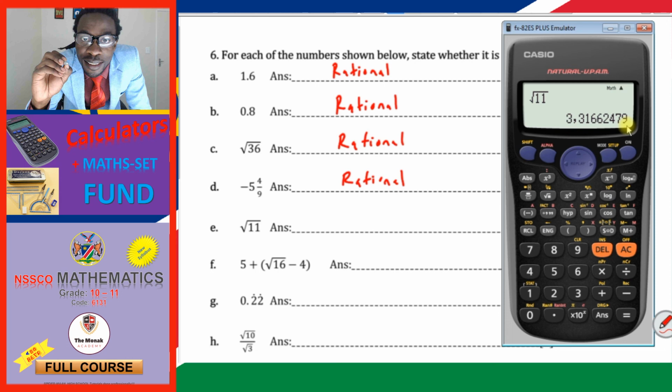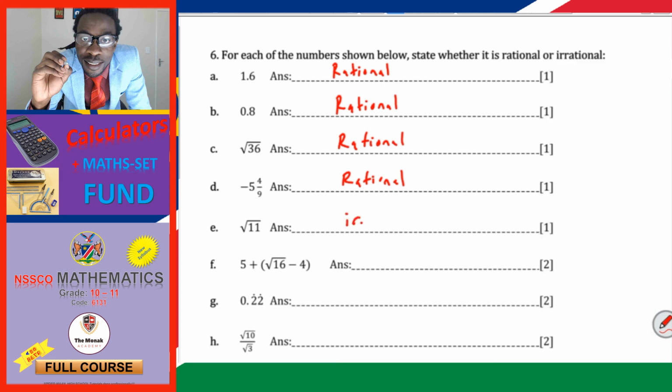It goes on and on, changing different numbers. That is a typical example of an irrational number. There is no pattern being formed whether you divide or put it as a decimal fraction. That's why we know that root 11 is an irrational number.